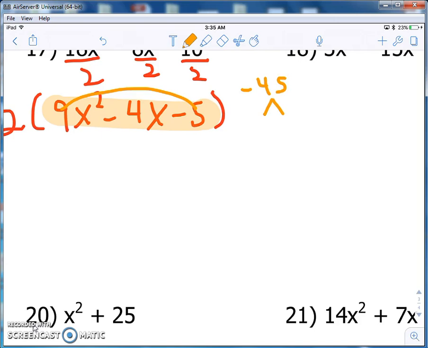Let's just make the list again. So 1 and 45. It's not even, so 2 doesn't work. It is divisible by 3. 3 and 15. It's not even, so 6 doesn't work. It ends in 5. Sorry, I should have checked 5 first. It ends in 5, so 5 and 9. And these are your 2 that we're going to use.